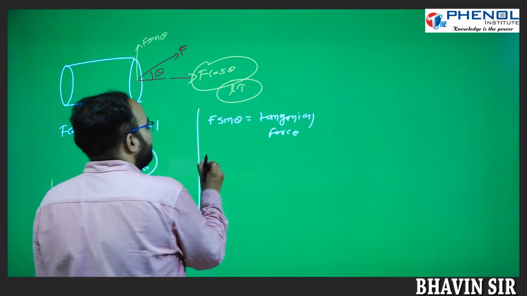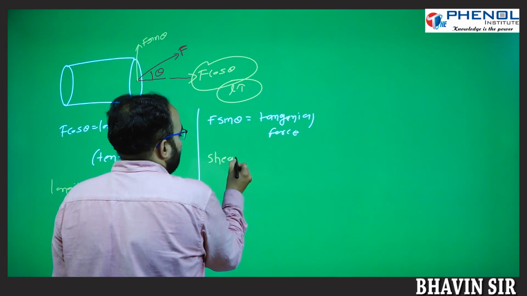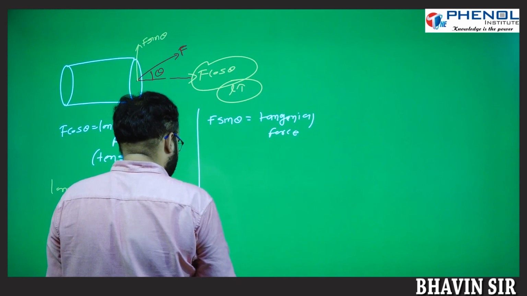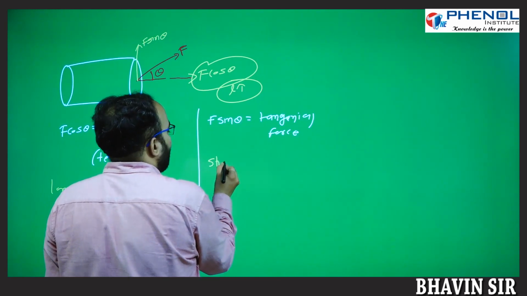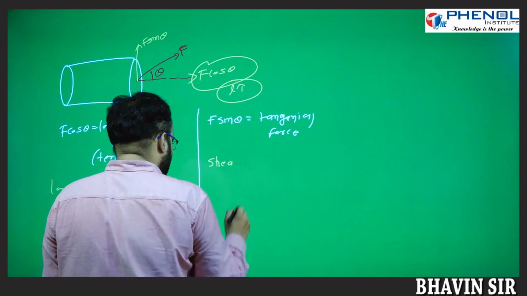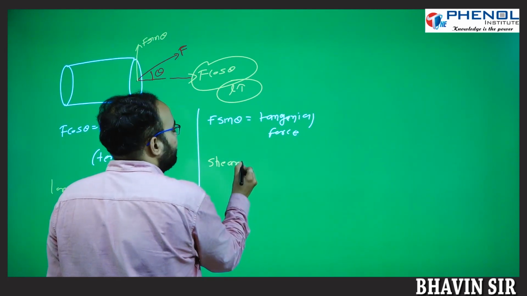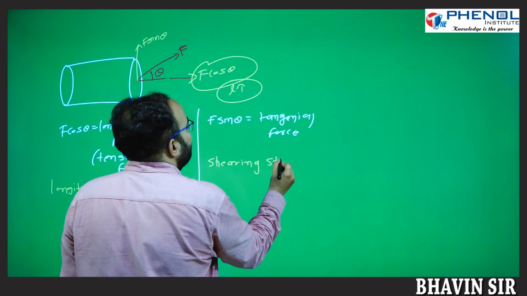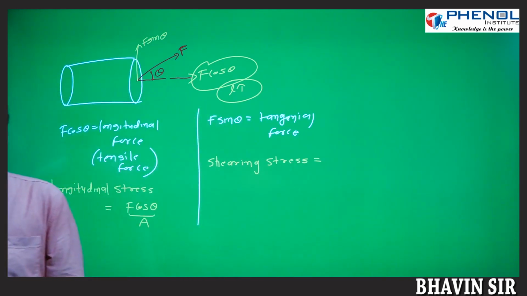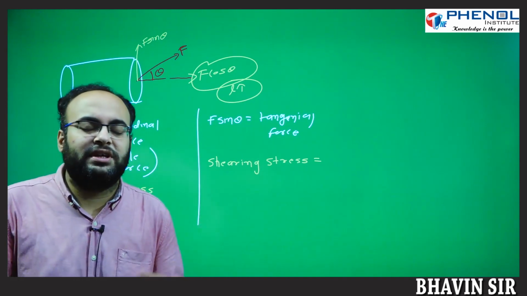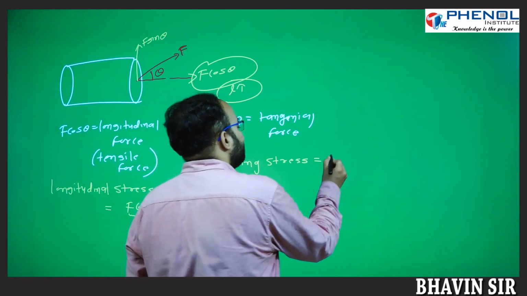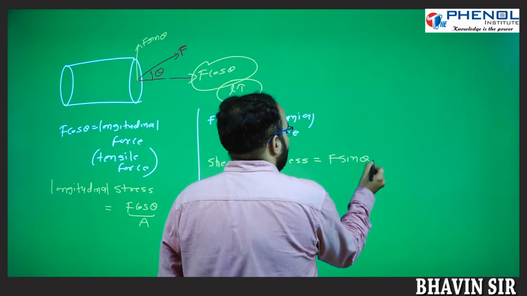Now what is the meaning of shearing stress? In the case of shearing stress, the force is tangential. As we know, tangential force is applied. So what is the tangential force? F sin theta by area.